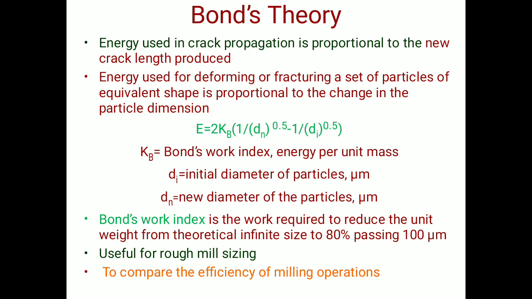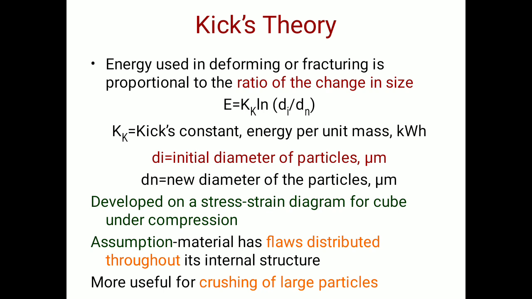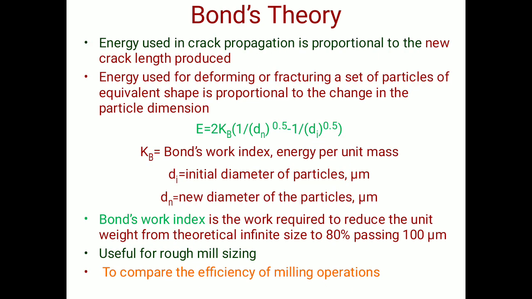It is useful for rough mill sizing and is utilized to compare the efficiency of milling operations. So this was all about Bond's theory. We have covered Kick's theory, where energy utilized in deforming or fracturing is proportional to the ratio of change in size, and Bond's theory, which says that this energy is proportional to the new crack length produced.